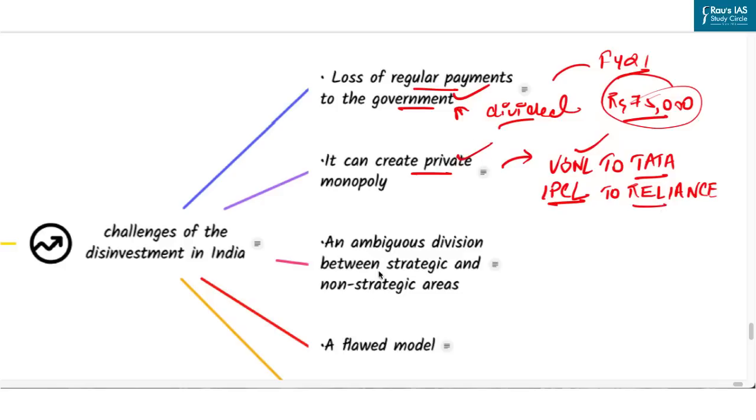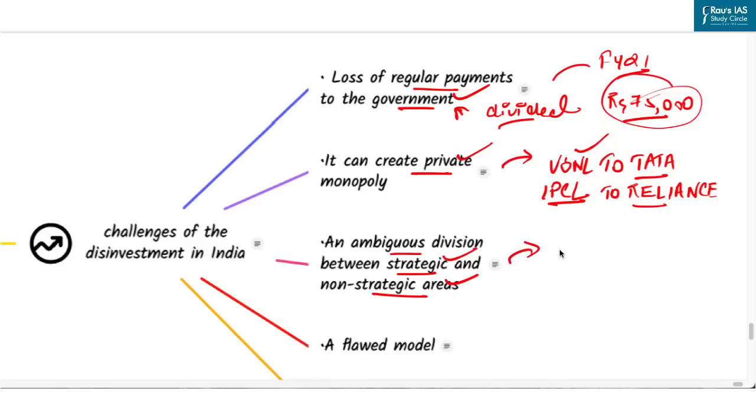The next challenge is the ambiguous division between strategic and non-strategic areas. Several supporters contend that the government should continue to operate in strategic sectors while disinvesting in non-strategic sectors. However, the classification of strategic and non-strategic is not done properly.